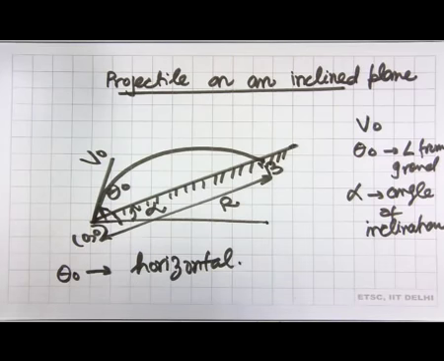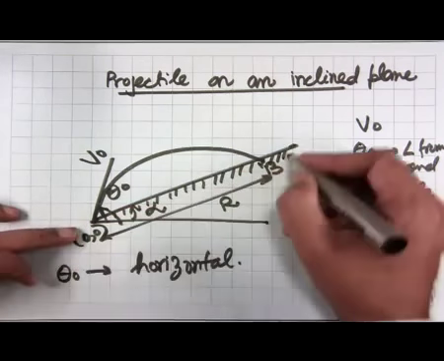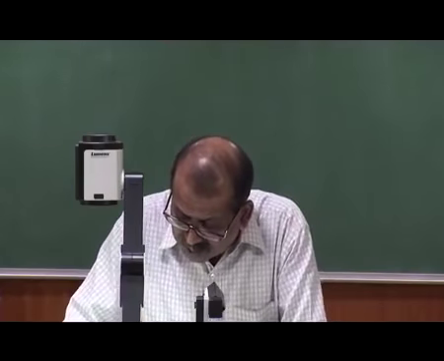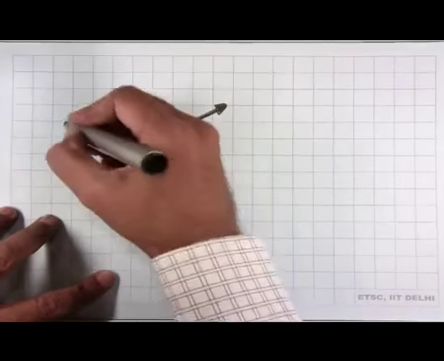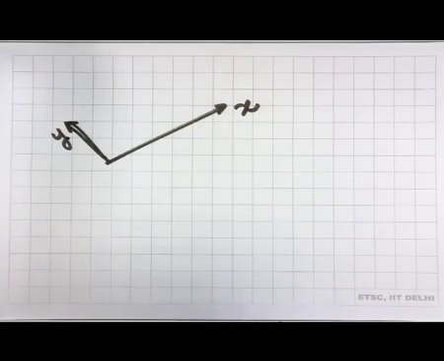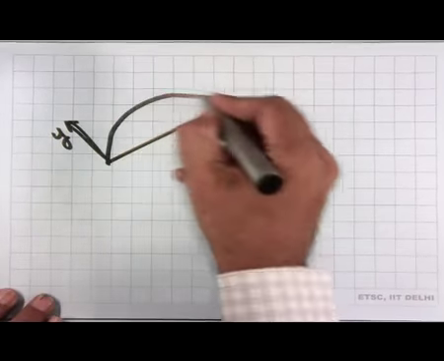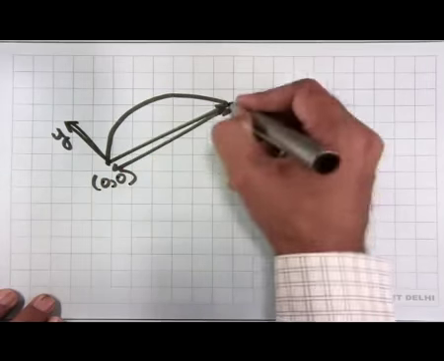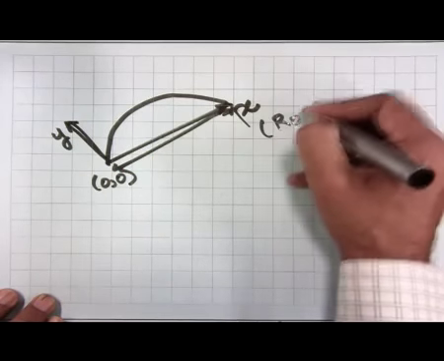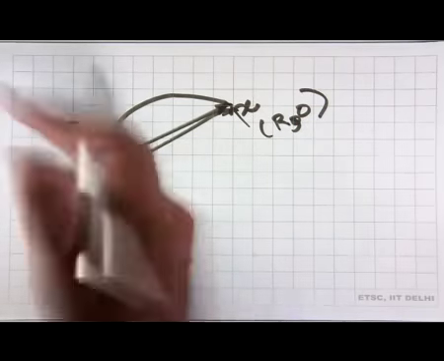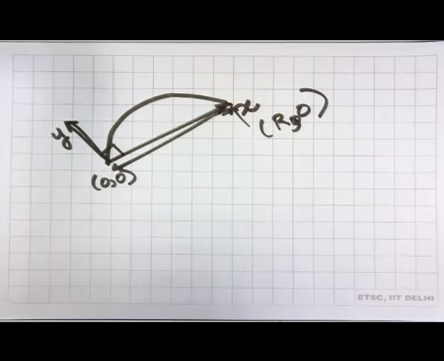It may be easier to choose x along the incline and y perpendicular to the incline. We start from the origin 0 0, and the final point will have coordinates r comma 0, because y is perpendicular to the incline and x is along the incline.